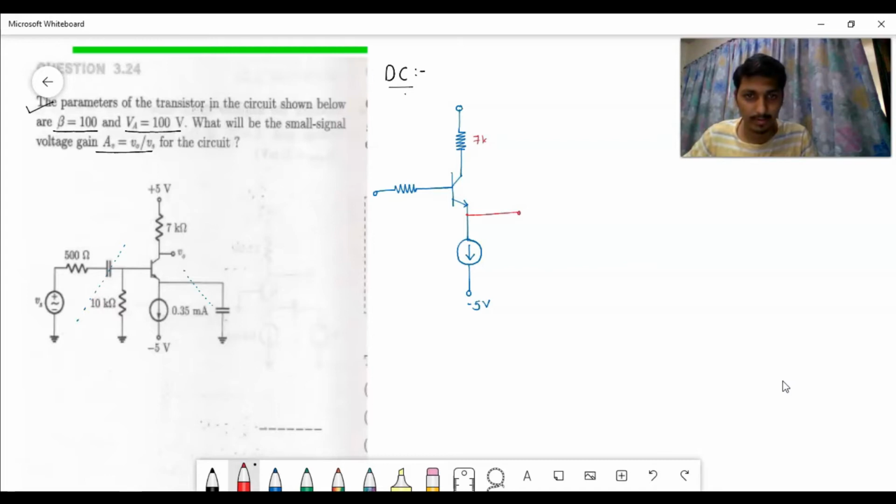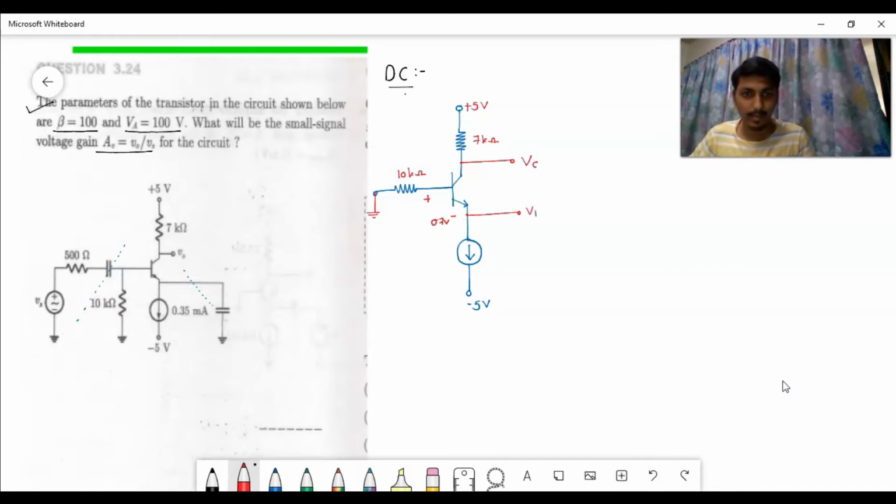This is 7 kilo ohms. This is 10k. This will be grounded, plus or minus 0.7 volts. This is plus 5 volts.